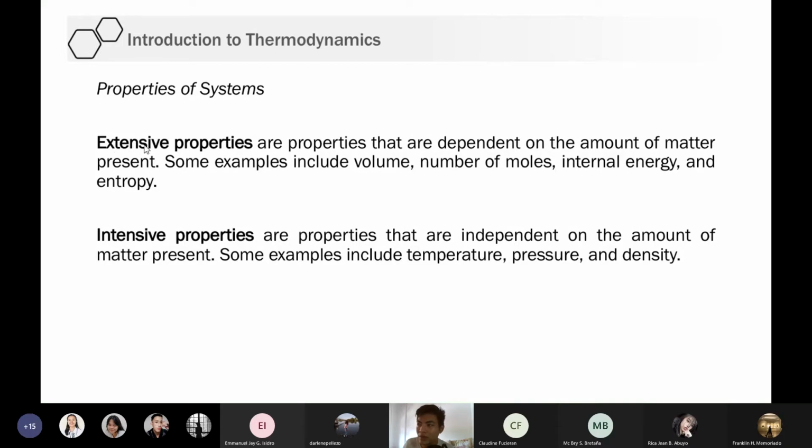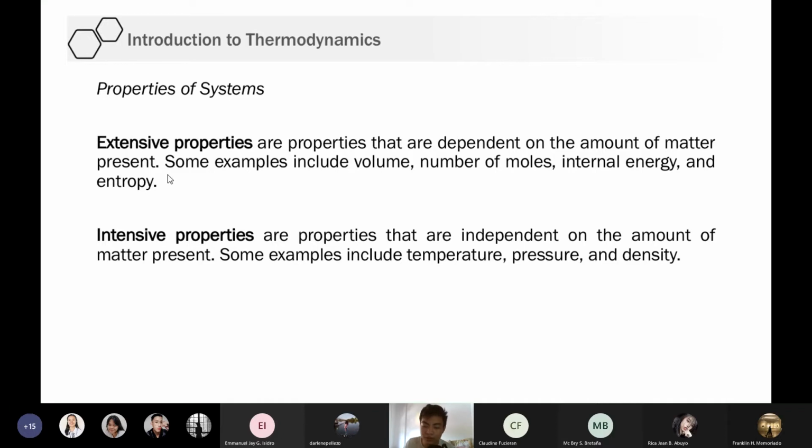No? So when you say extensive, these are properties that are dependent on the amount of particles, no? The amount of matter present. No? So some example include volume, moles, internal energy, and entropy. Okay? So depende sa dami ng molecules yung amount ng extensive property.